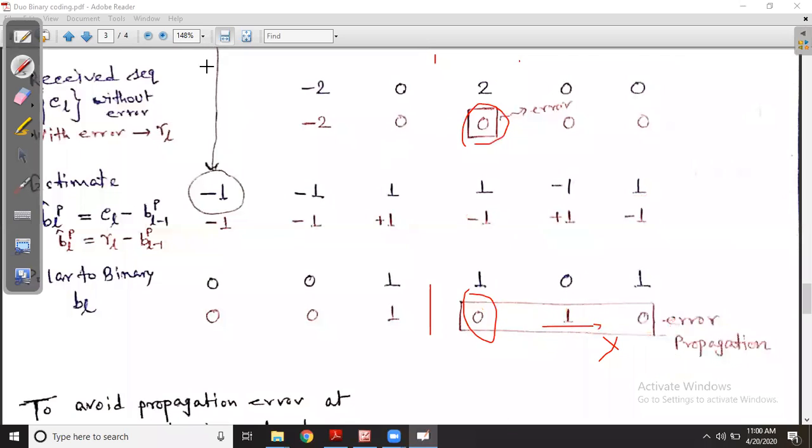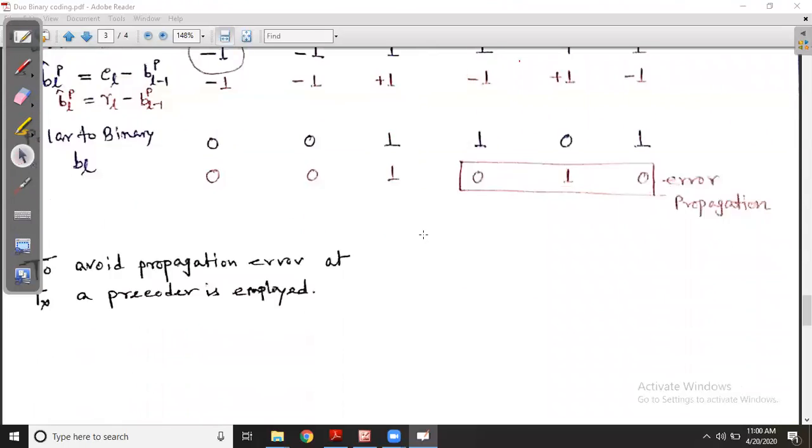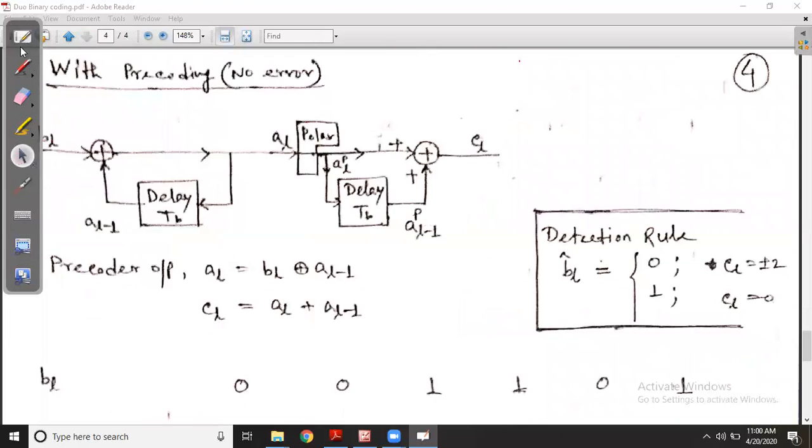So how to remove this error propagation problem, how to control this? Nothing but we are adding one more block there. That's all. This block is added. You see, this is nothing but some feedback.